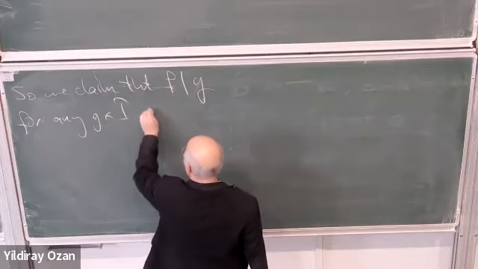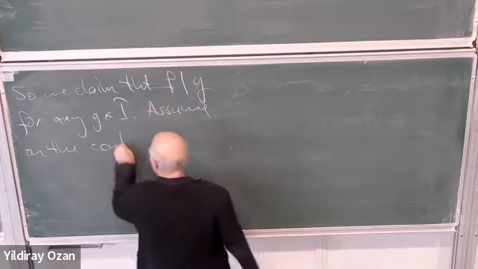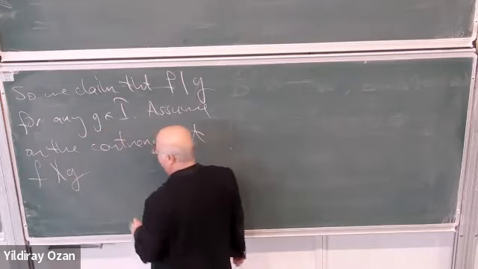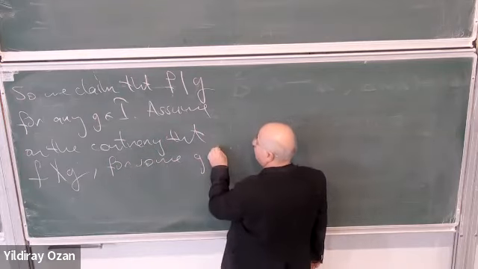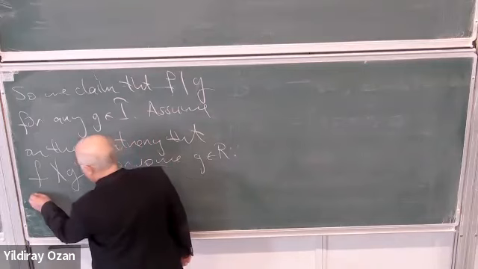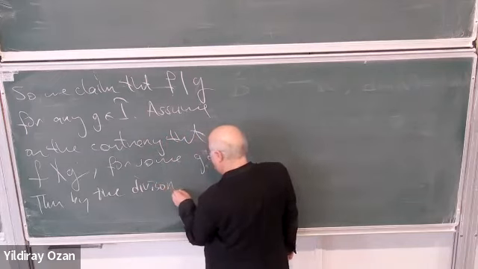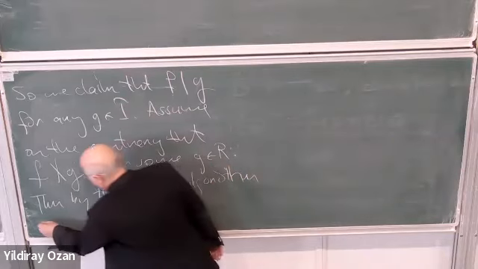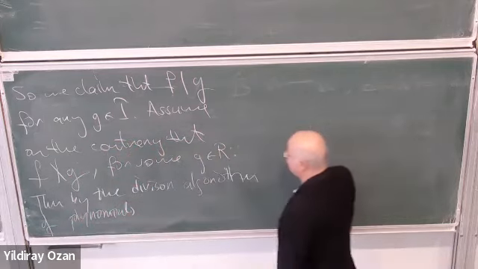Suppose not. Assume on the contrary that F does not divide some polynomial G in I. Well, then by the division algorithm of polynomials, I can write the following.